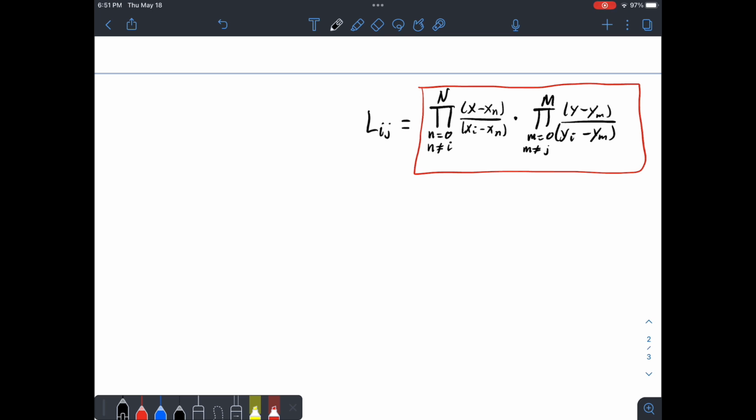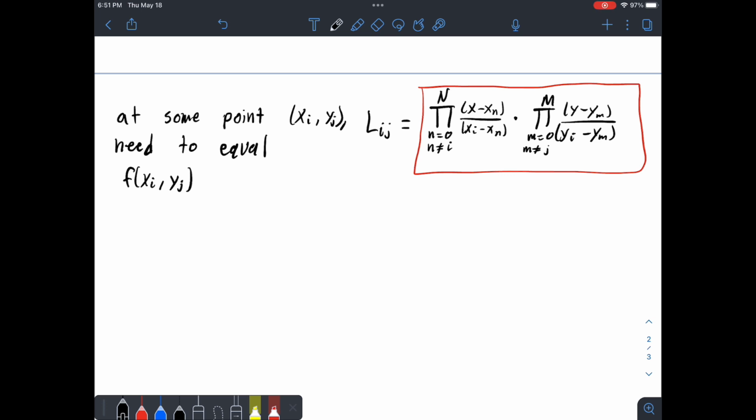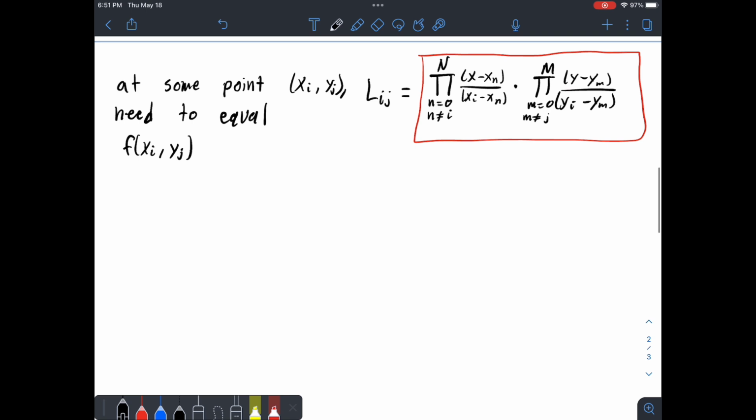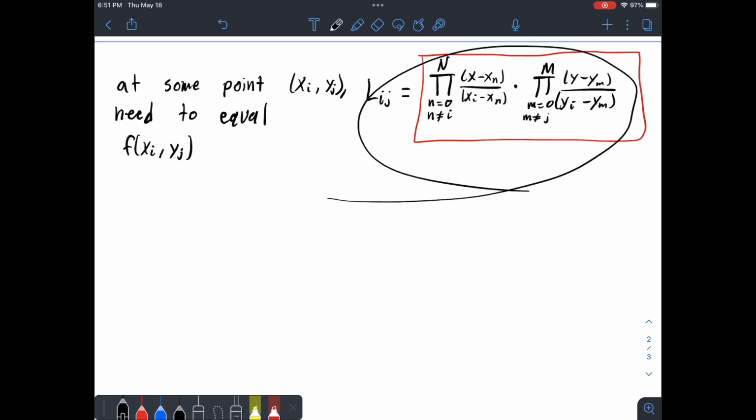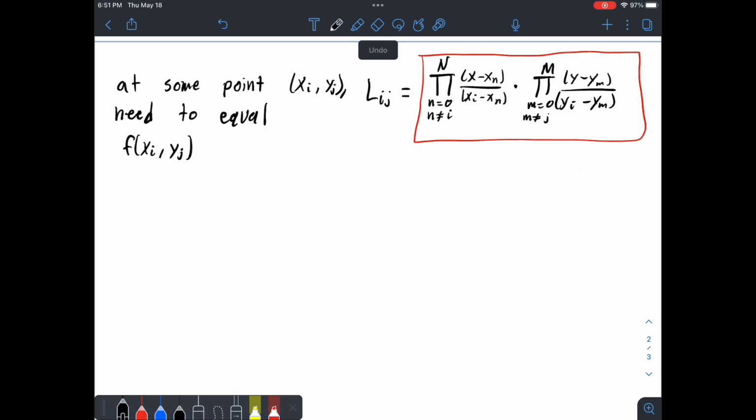So at some point xi, yj needs to equal f of xi, yj. Well, good news. We just need to multiply by 1, right? So we're going to take each one of these and multiply it by its corresponding function value.